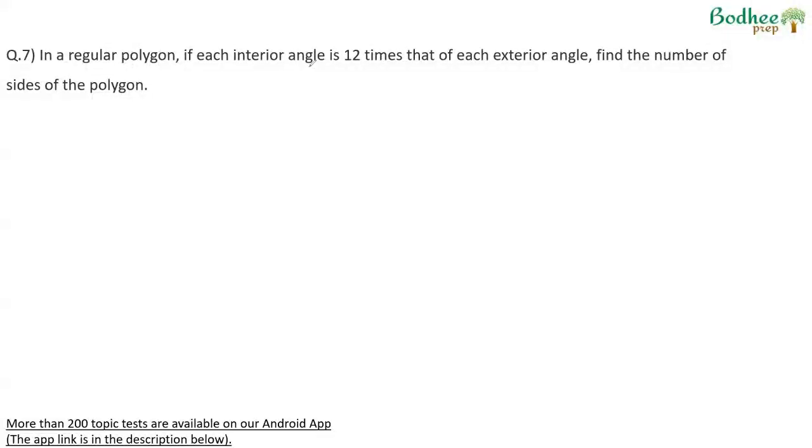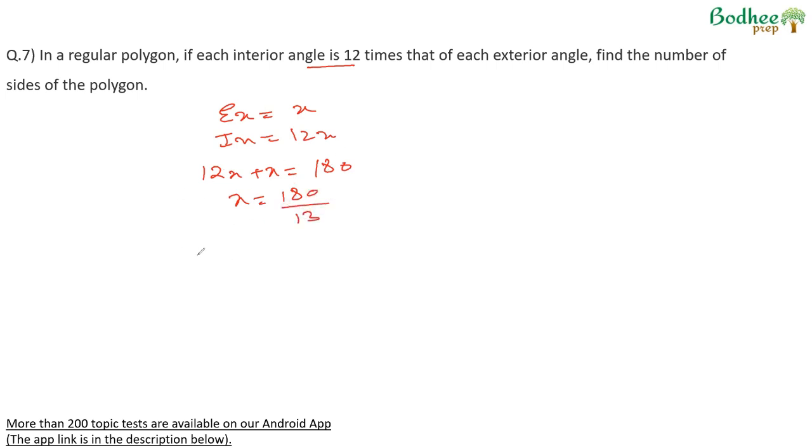In a regular polygon, each interior angle is 12 times that of each exterior angle. If exterior angle is x, interior angle is 12x. But we know that the sum of interior angle plus exterior angle should be 180 degrees. Therefore, 13x is 180, so x becomes 180 by 13.